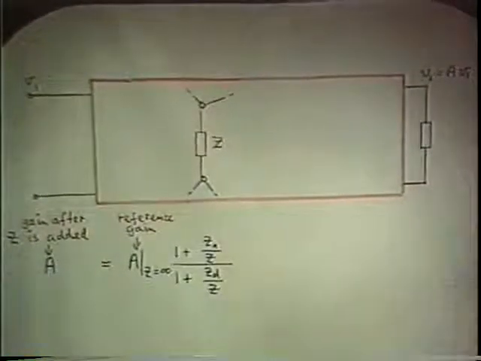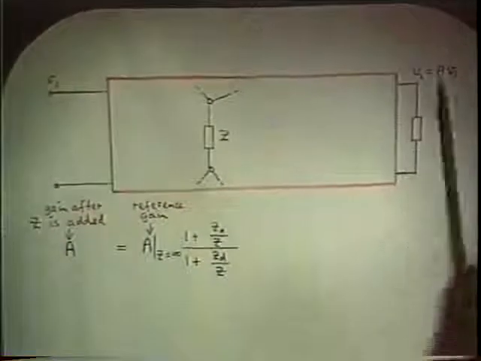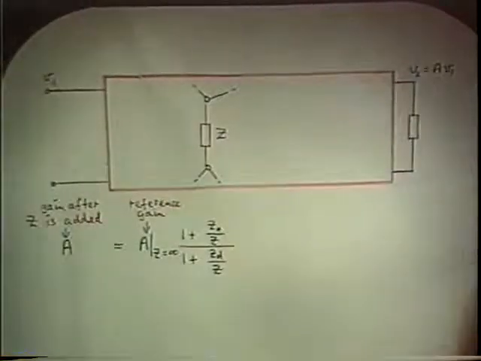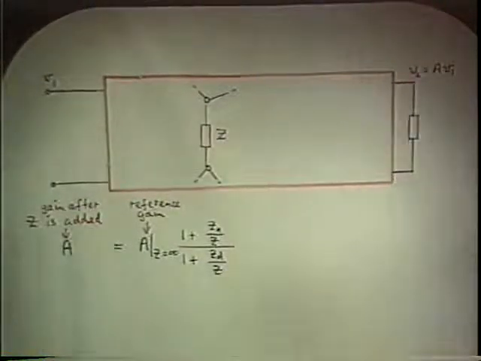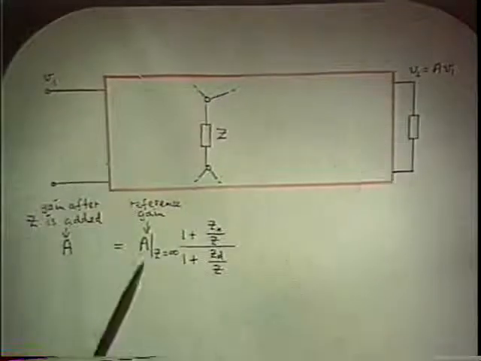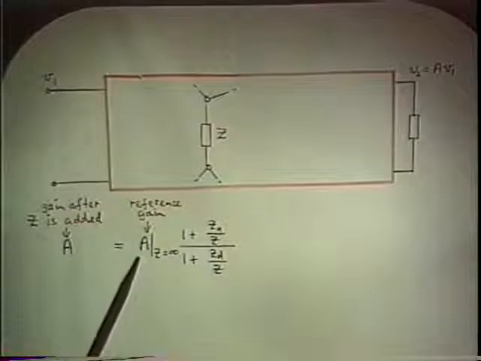And what the theorem says is, to find the result for the gain in the presence of the z, you don't have to go back to the model to recalculate the whole thing. And it's almost the same trick as the input and output impedance theorem. You use the answer you already got, the reference gain.